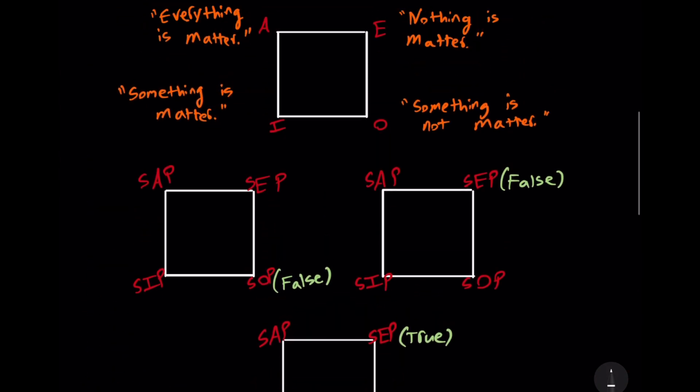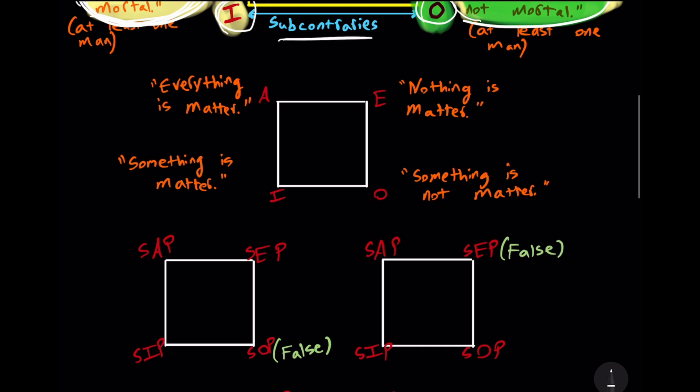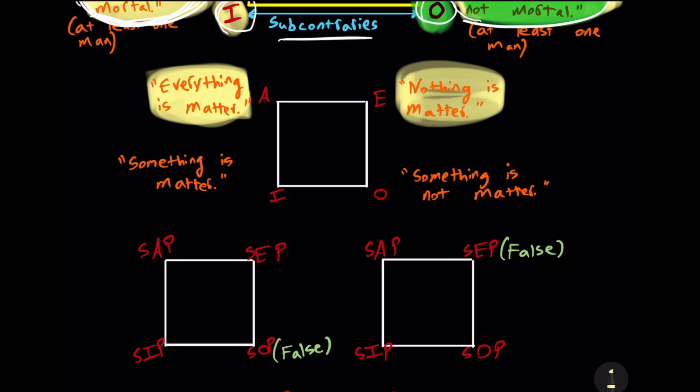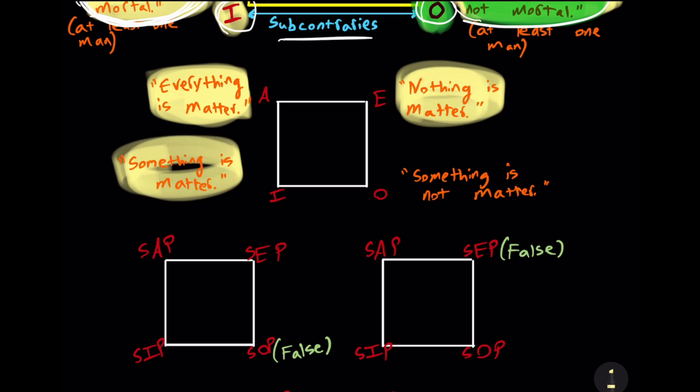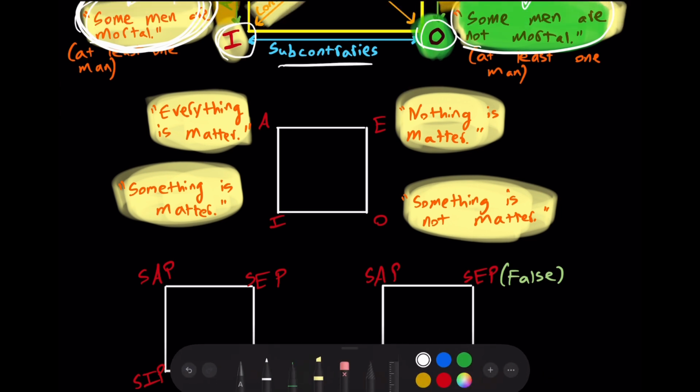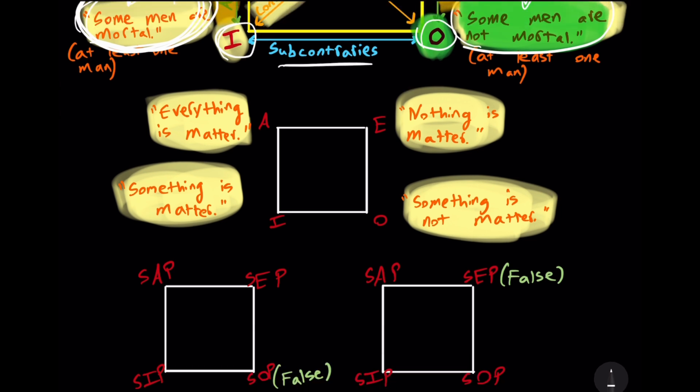For example, let's consider something like this. We have everything is matter. We have nothing is matter. We have something is matter. We have something is not matter. So clearly, if it is true that everything is matter, then it must be false that something is not matter.